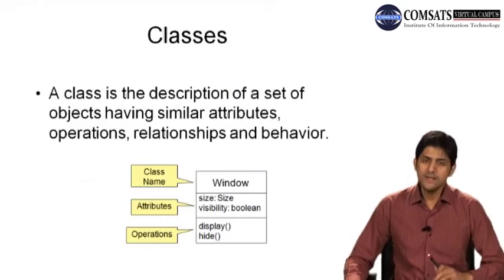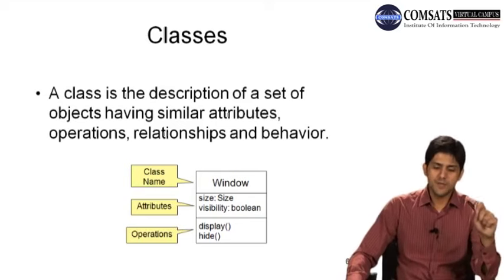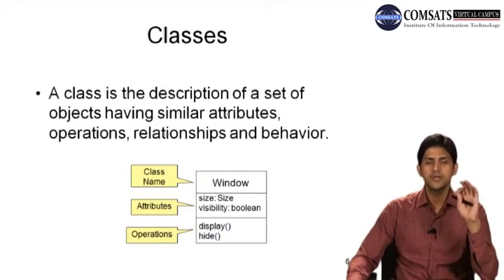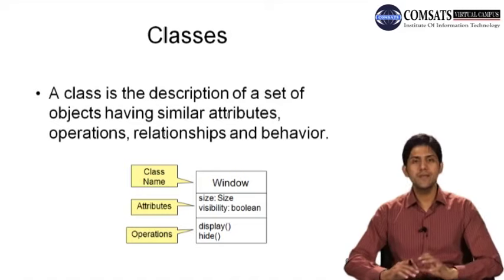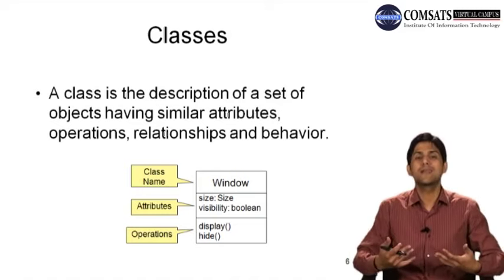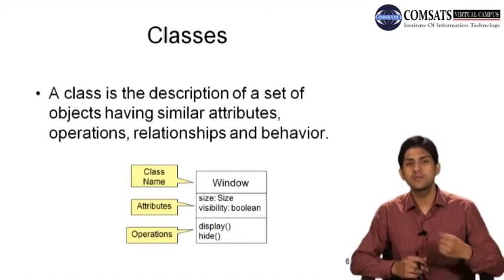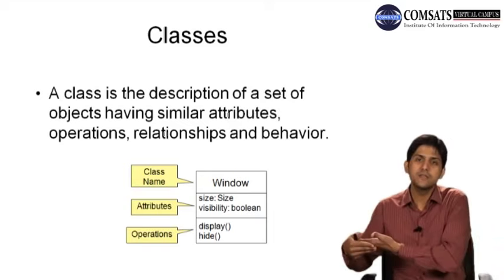So how does a class look? I already discussed that. A class is basically a description of a set of objects having similar attributes, operations, relationships, and behavior. This is important. For example, when we say that student is a class, and we have three students, student A, student B, student C, then the student class represents all these three objects.